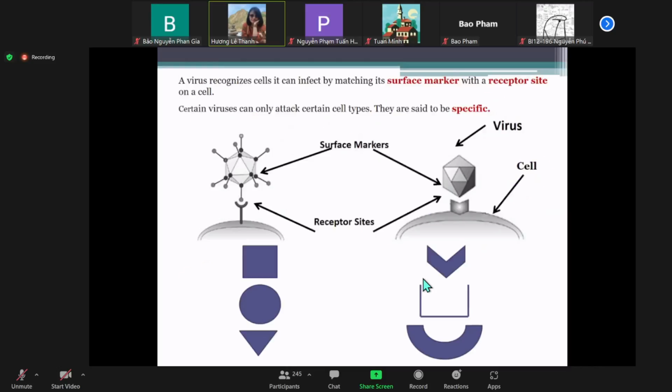A virus can recognize and infect cells by matching its surface to receptors on the cells, so they can only attack certain types of cells, and they are said to be specific. Like you have a surface here with some receptors, and if the virus can match the receptors, it can invade this cell type.